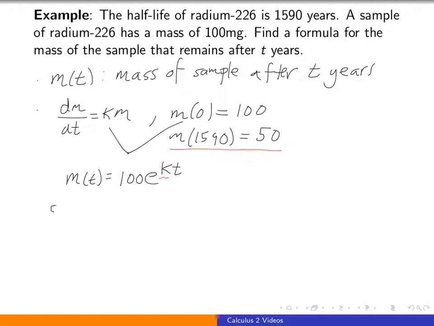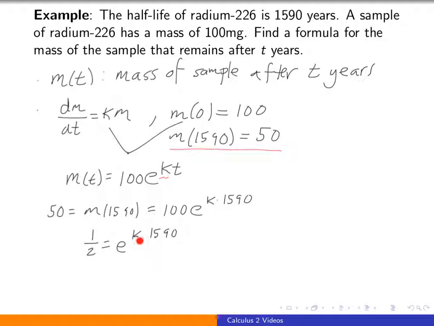So plugging in, we know that 50 is equal to m of 1,590 years, which is 100 e to the k times 1,590. So dividing both sides by 100, we have 1/2 is equal to e to the k times 1590. And what we would like to do is solve for k.